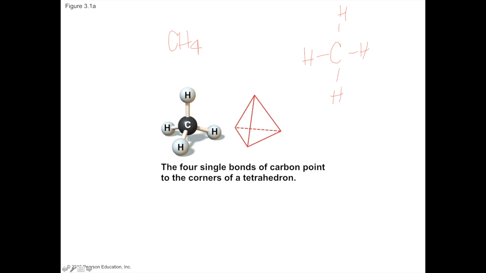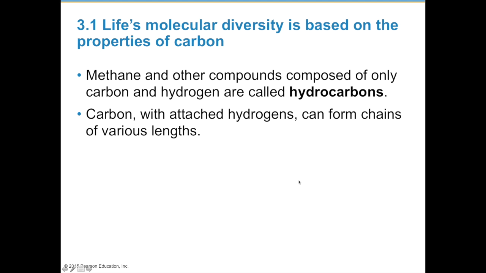But when you put it together with sticks, it's called a tetrahedron because it takes this tetrahedral type shape where it has 4 points. Methane and other carbons that are composed only of carbon and hydrogen are called hydrocarbons. Carbon attached to lots and lots of hydrogens. So kind of giving you an example that we looked at a minute ago with butane or isobutane, those are all considered hydrocarbons.